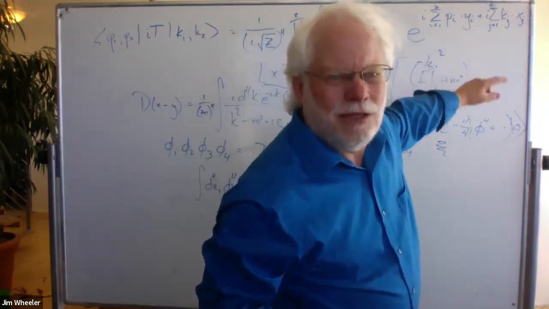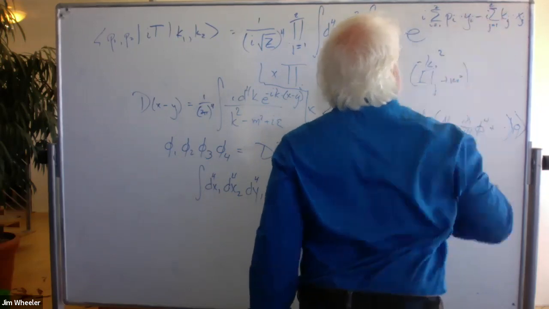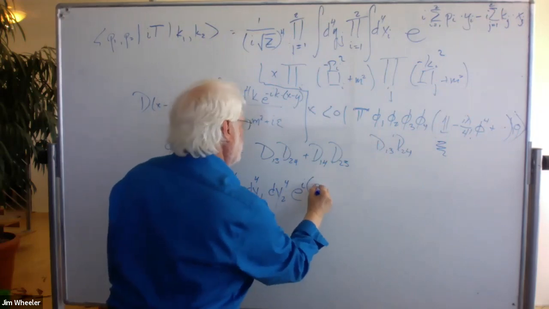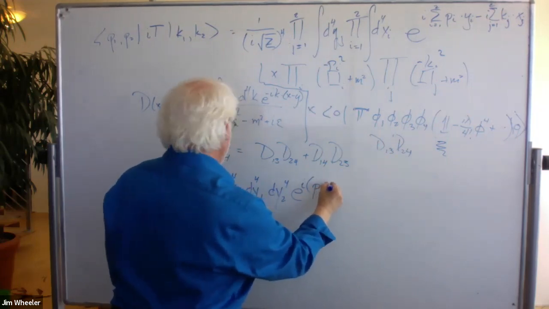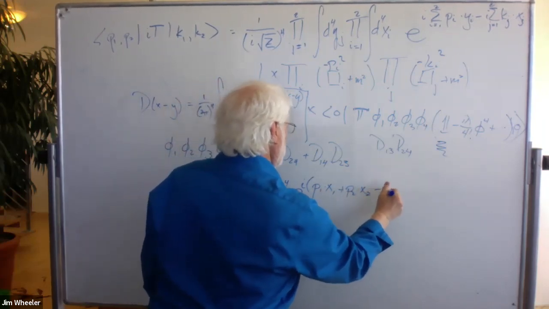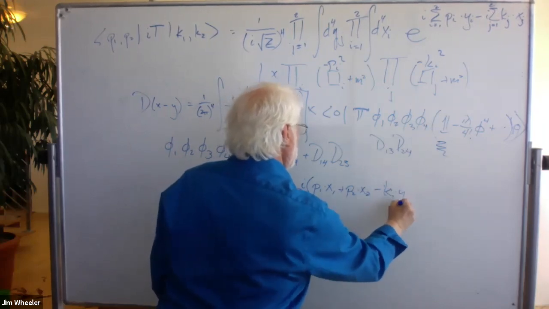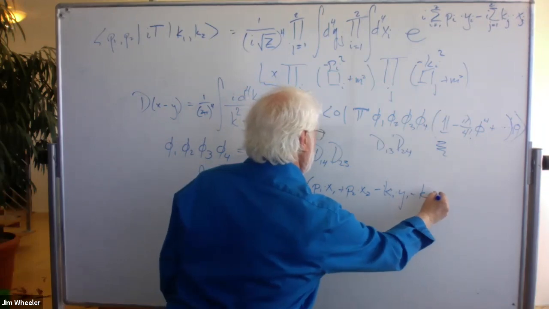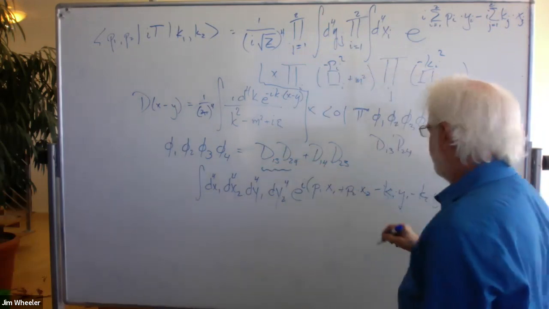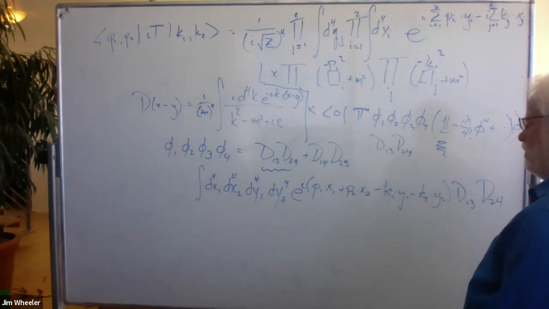I think some of those should have been negative. Let's take the incoming k to be negative. So here we have p1 dot x1 plus p2 dot x2 minus k1 dot y1 minus k2 dot y2. And then let's do the first case here, D 1, 3, D 2, 4.